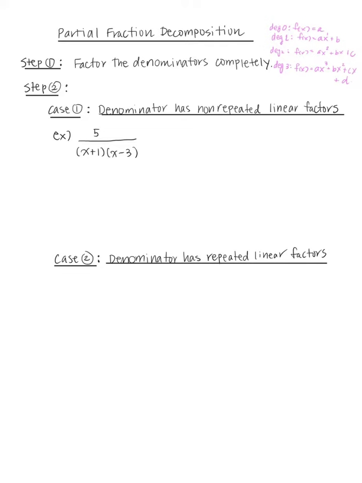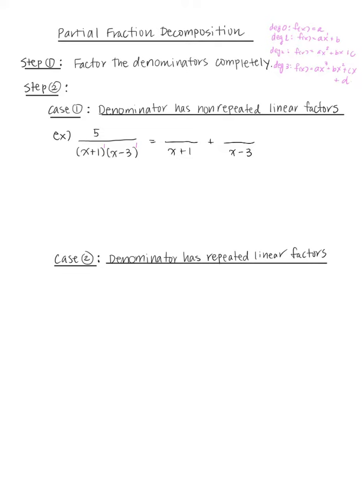What determines that is the outer exponent on the parentheses. So here, x plus 1 you have to the first power. X minus 3 has first power. Add those two, you're going to get 2. 1 plus 1 is 2. So step number 1, just break it up into 2 little pieces.